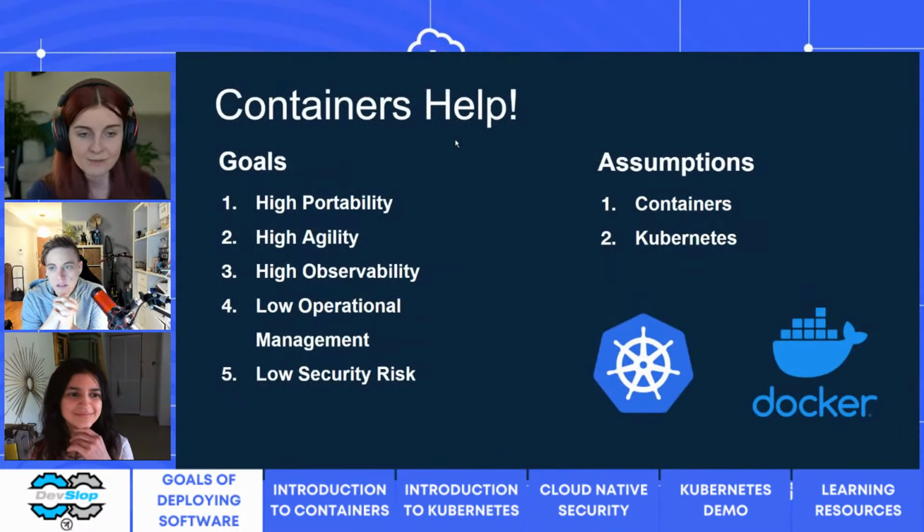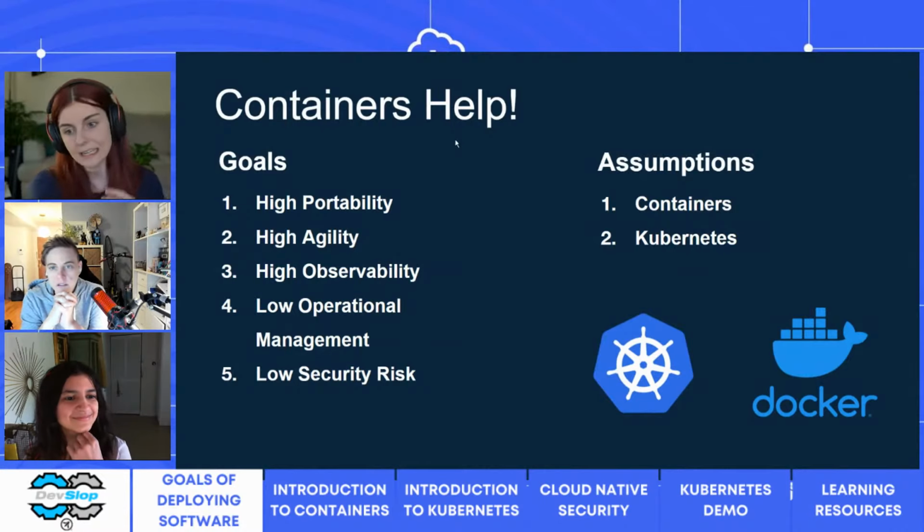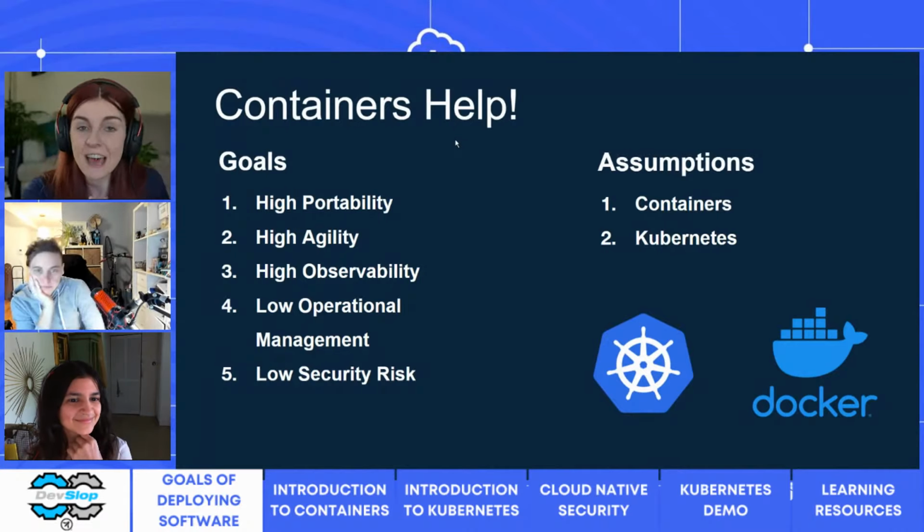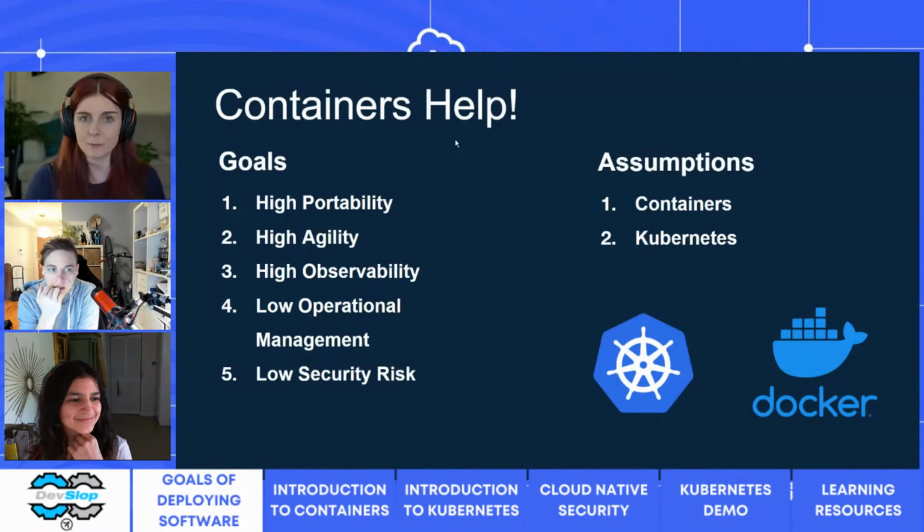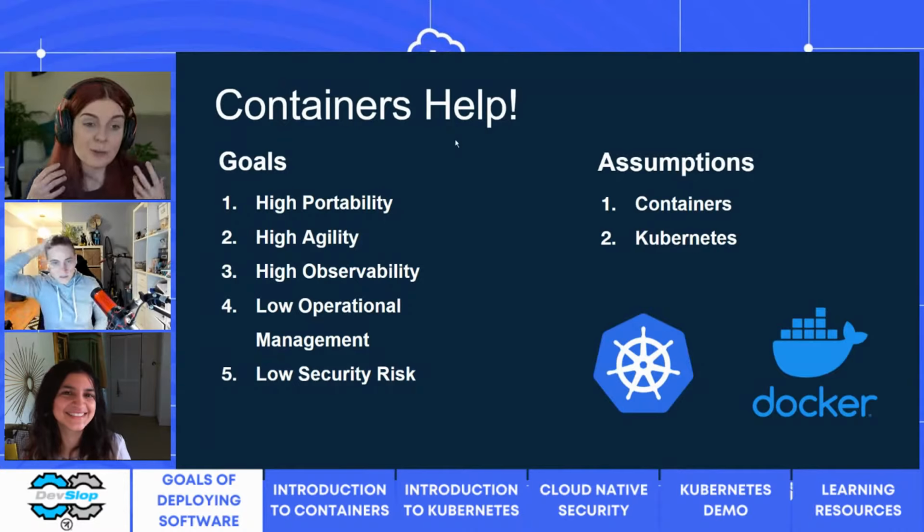So here are the goals we want to get towards, and why I'm really excited about Kubernetes and Docker, because I think they help us move towards these goals. The first one is having high portability between our different tools and platforms. We want our platforms and tools to work for us, and not be stuck with what we have in place.